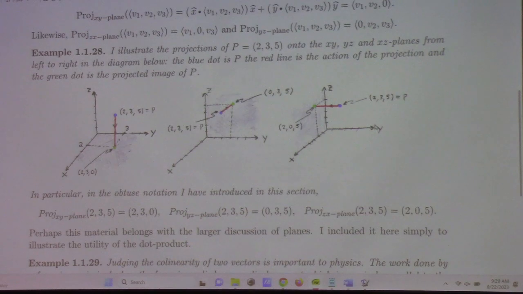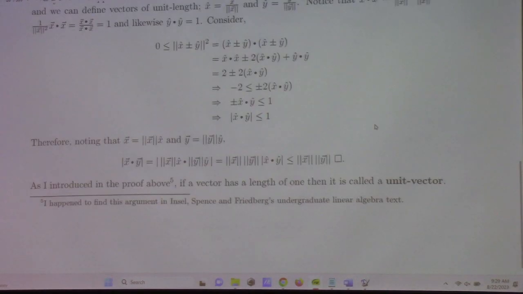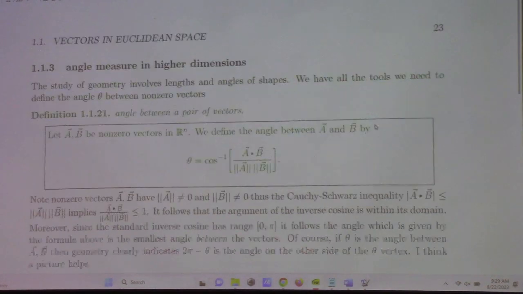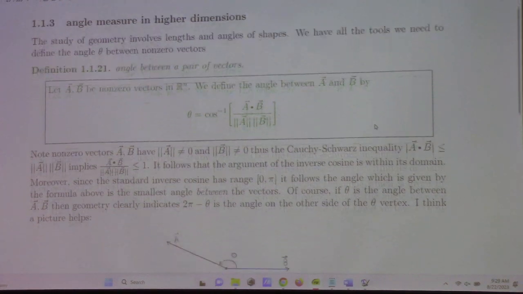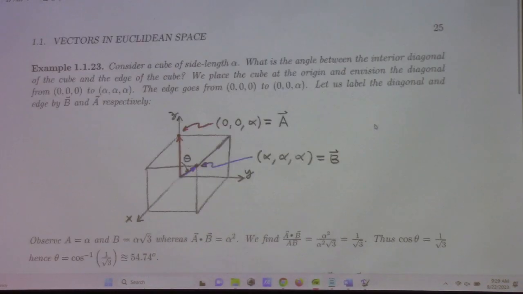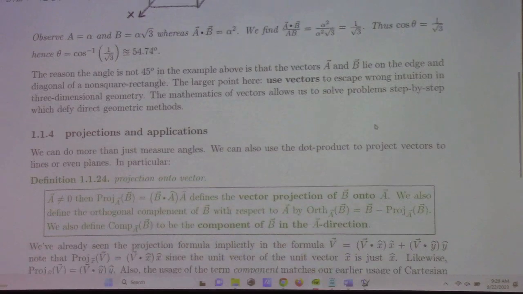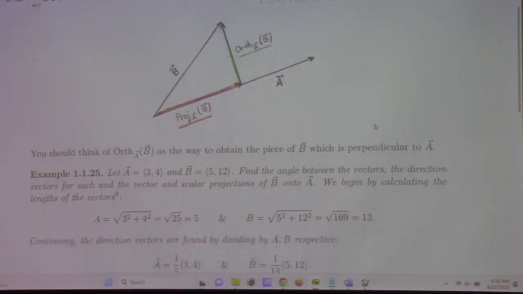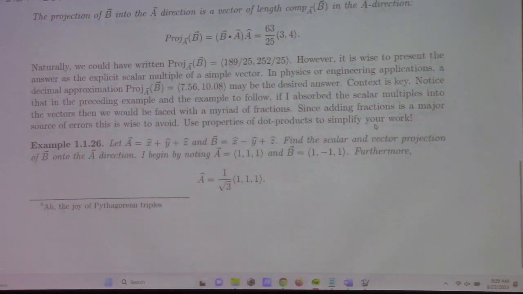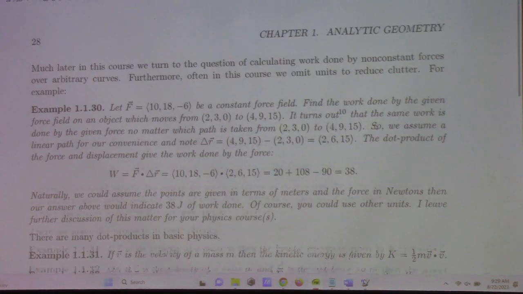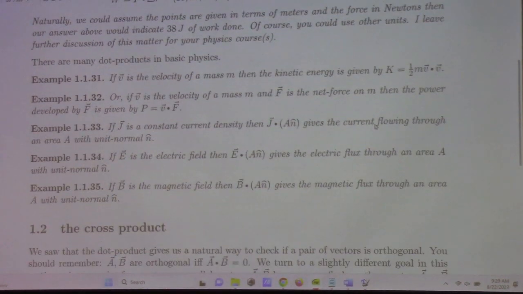By the way, I think that's pretty much it. I've covered the lion's share of what I have to say about the dot product in the notes. At the end of this section, for those of you who are more motivated by physics and so forth, I have a laundry list of what the dot product does in physics. Just to read them off to you, you can use the dot product to define kinetic energy, because the kinetic energy is based on the speed squared, which is v dot v, right?